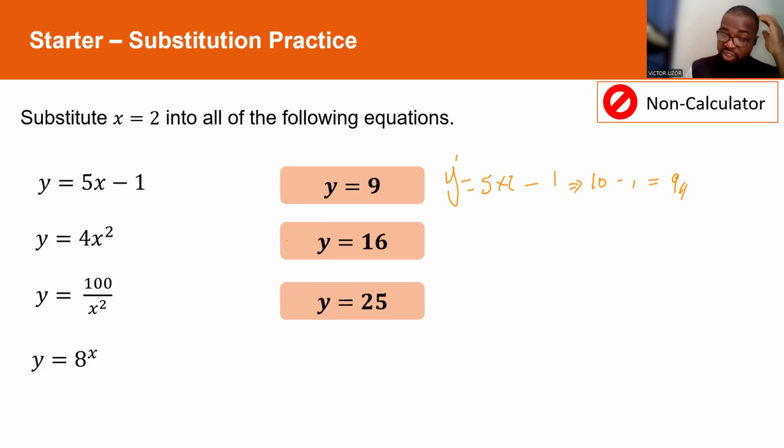And the other one, if x is 2, 2 squared will give you 4, and 100 divided by 4 will give you 25. And the other one, x raised to power 2, which is 8 raised to power 2, will give you 64. This is the basic substitution that you already know from your checkpoint days.